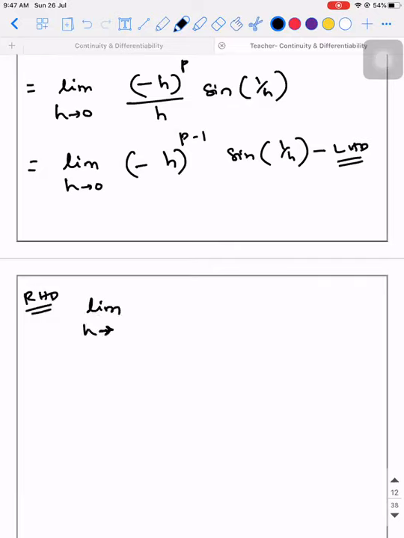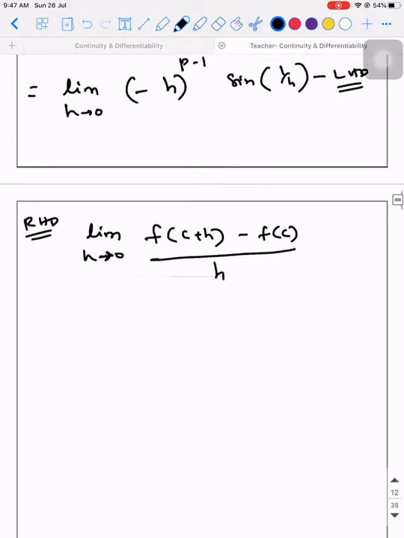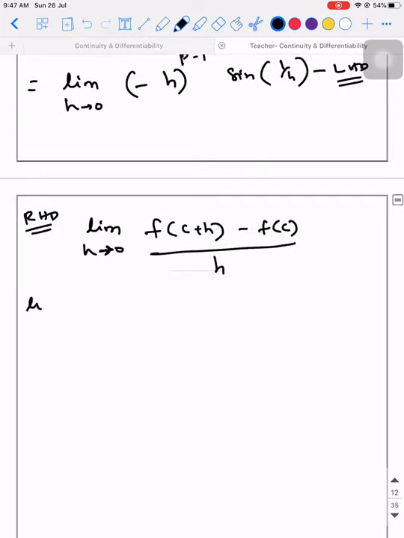Limit h tends to 0, f of c plus h minus f of c, the whole divided by h. Right. So this will be limit h tends to 0. Okay. Now f of c plus h means that is 0 plus h.